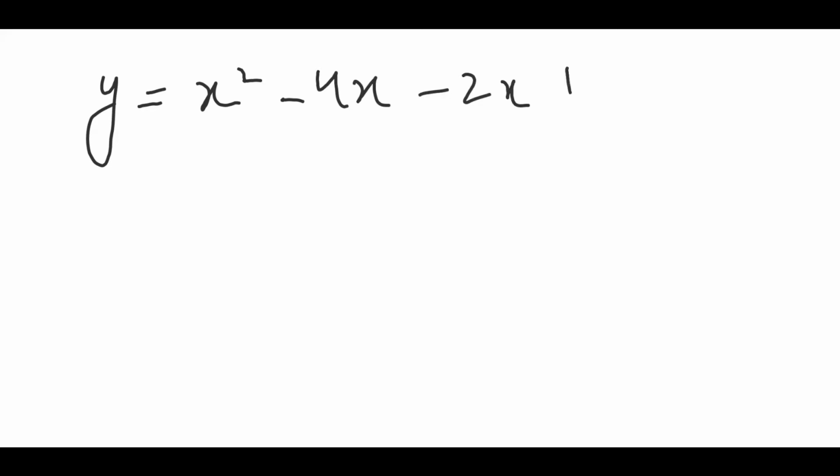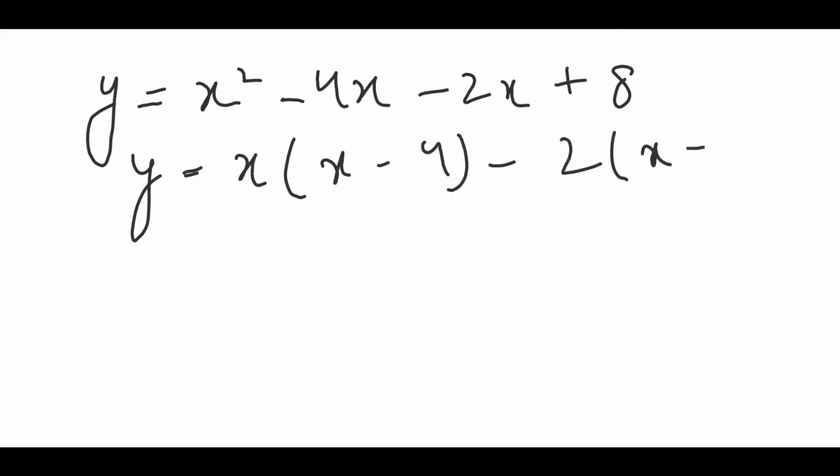So what do we really have to do? y is equal to, we'll break down the middle term, because it's named as middle term breaking. Our middle term was minus 6 and we'll break it down into minus 4x minus 2x plus 8. We'll make factors. x will be common: x minus 4, minus 2, x minus 4.